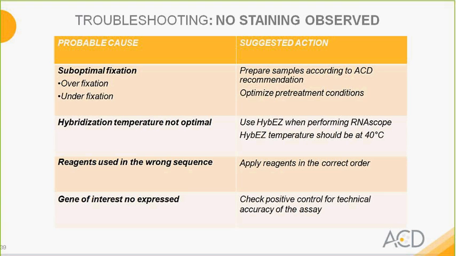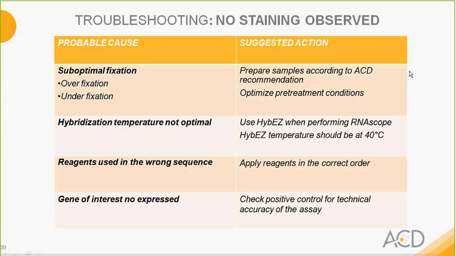We will now troubleshoot staining patterns in the chromogenic manual assay. For a no staining signal, the common issues are suboptimal fixation, inappropriate hybridization temperature that's not optimal, reagents that are used in the wrong sequence, and perhaps your gene of interest is not expressed.